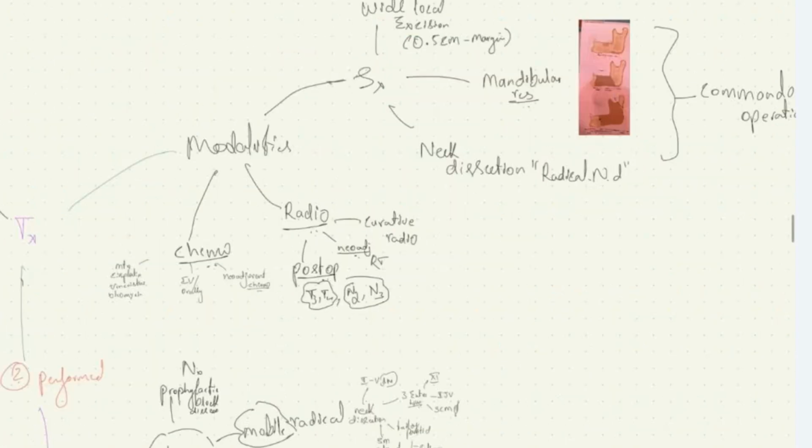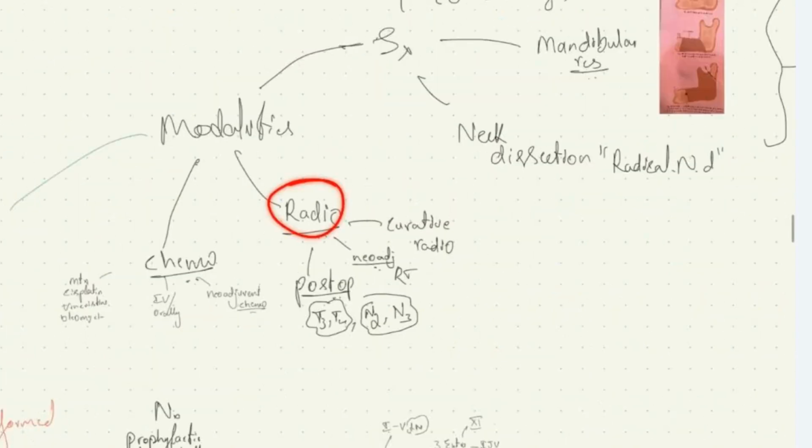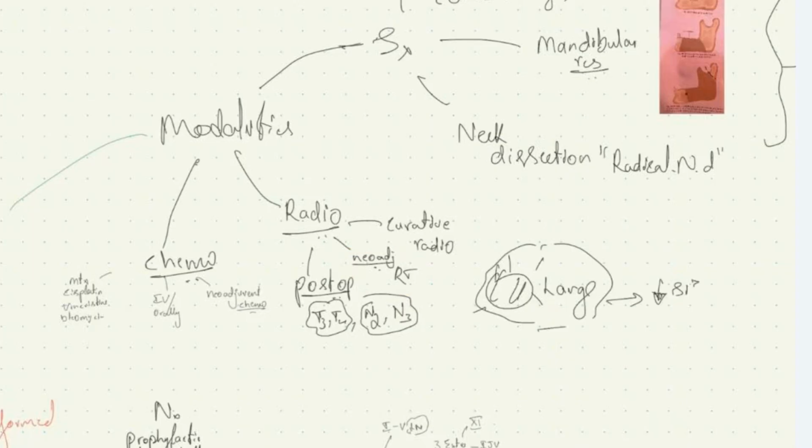Under radiotherapy, we have curative radiotherapy, neoadjuvant radiotherapy, and post-operative radiotherapy. Neoadjuvant radiotherapy is given when the tumor is very large. By giving neoadjuvant radiotherapy, we reduce the size of the tumor and thereby downstage the tumor. We give post-operative radiotherapy in T3, T4 patients and N2, N3 patients.